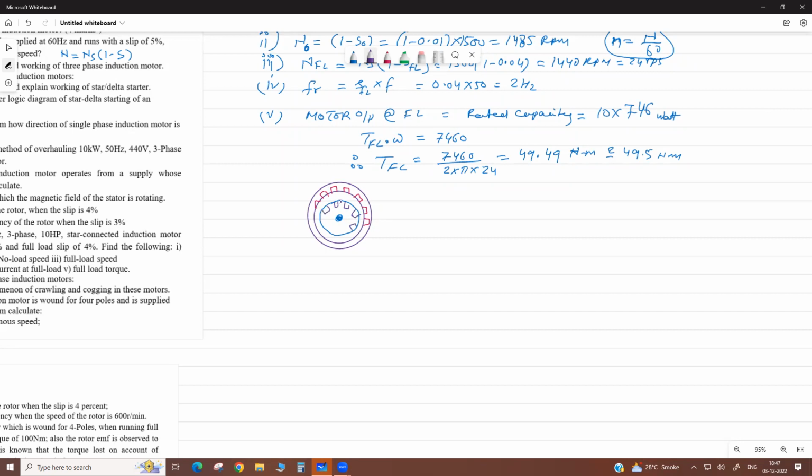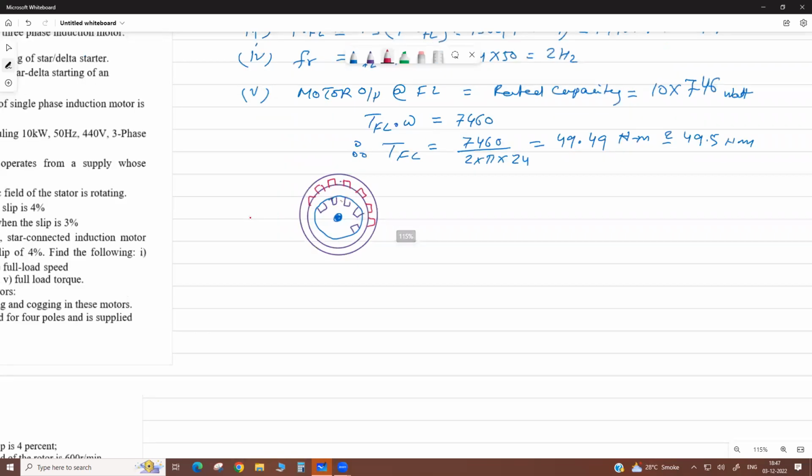So when the stator and rotor have opposite poles, like this is north, south, and here maybe north, if opposite polarity poles are face to face, then there is a magnetic force of attraction.